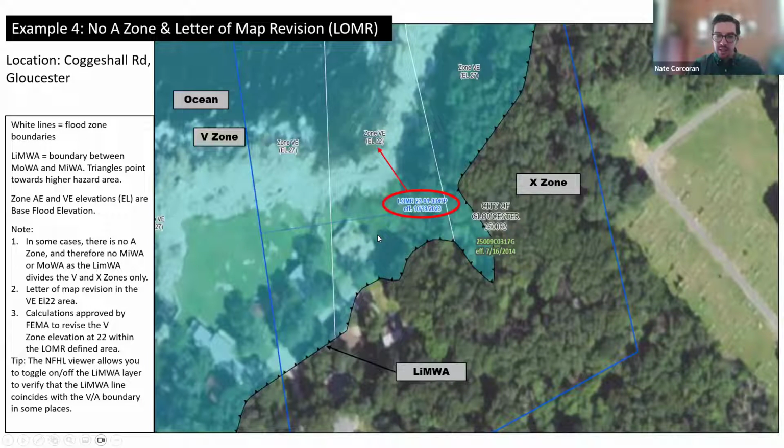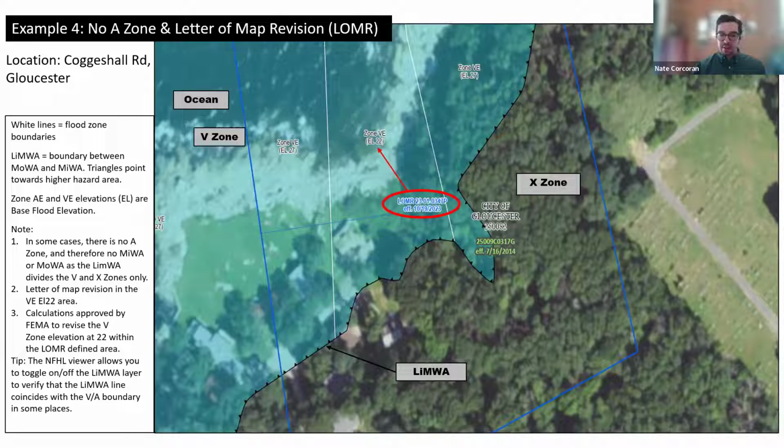So that's a LOMR, letter of map revision, and it has a date. That's when information was submitted, likely by that property owner, to demonstrate that they're not actually in a V zone elevation 27 or whatever it was previously, that it's actually a different flood zone or a different base flood elevation.